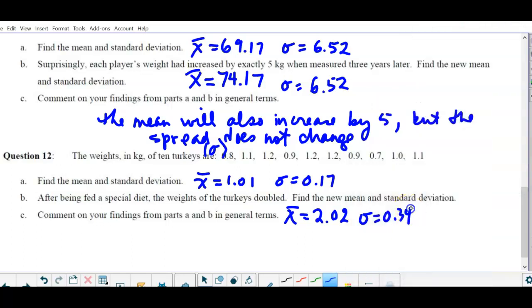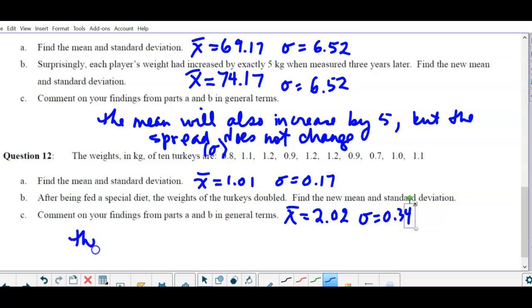If you think about the data, if you're doubling, let's say the smallest value is 0.7, so doubled is 1.4. And the biggest value was 1.2, doubled is 2.4. So now those numerical values are getting further apart from each other. So that's why the standard deviation is now bigger, because they're spread out more.